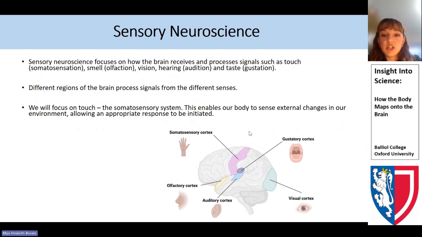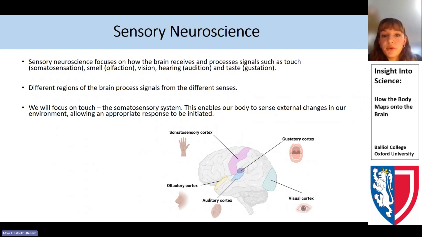The cortex is basically a word that refers to the outer layer of the brain, and there are different regions of the cortex. You have the somatosensory cortex, to process touch information. We have the gustatory cortex to process taste information, visual cortex for vision, auditory cortex for hearing, and olfactory cortex to process information based on smell.